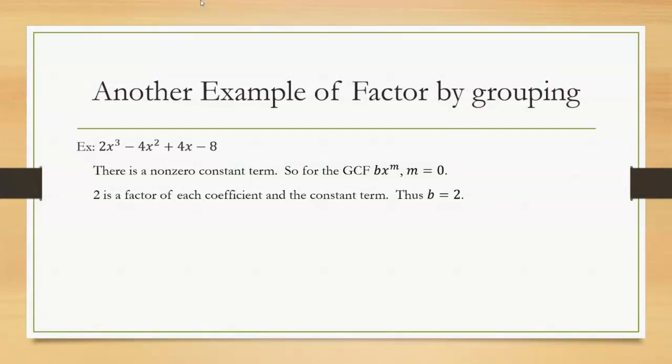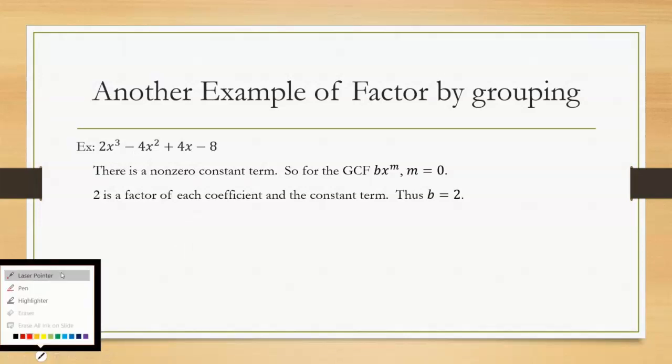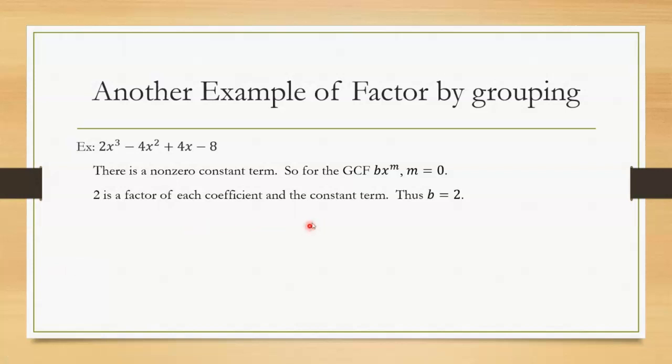But anyway, this is what we have here. So again, 2 is the greatest common factor of the coefficients and the constant term. So we get b is equal to 2. In other words, the GCF is just 2.